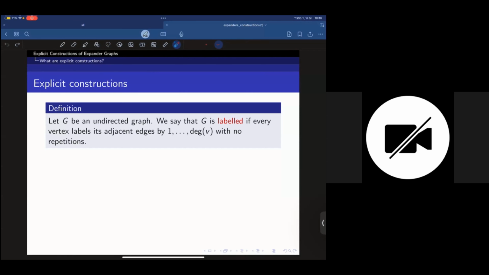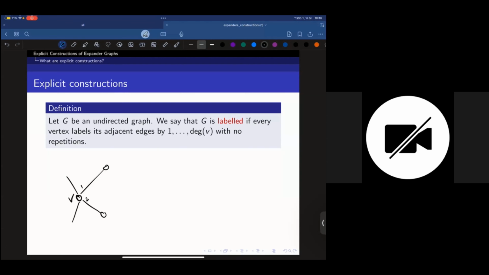To that end, we said that, given an undirected graph G, we say that it is labeled. It's not really a property of the graph. Every graph can be labeled, but we say that it is labeled if someone did something to it. If you have the vertices, and all graphs will be D-regular, we say that it is labeled if every vertex labels the outgoing edges.